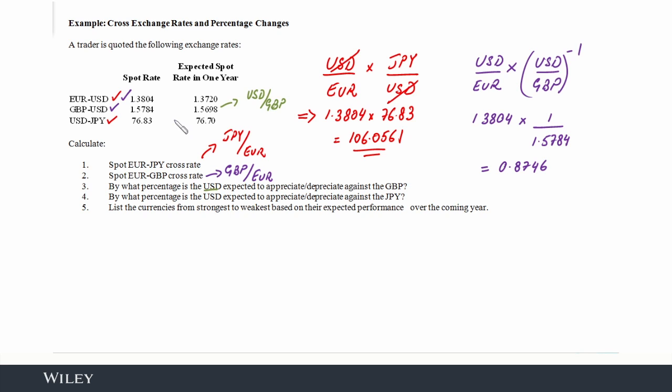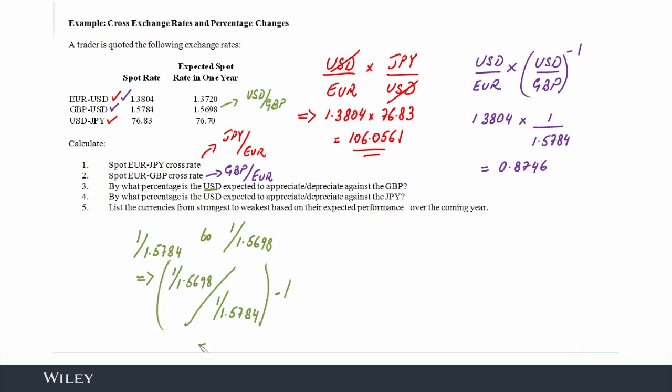So the price of the dollar in terms of pounds has gone from 1 divided by 1.5784 to 1 divided by 1.5698. So 1 divided by 1.5698, which is the new price of the dollar, divided by 1 divided by 1.5784, minus 1 gives you the relative change in the price of the dollar in terms of Great British Pound, and the answer you get is 0.55%.